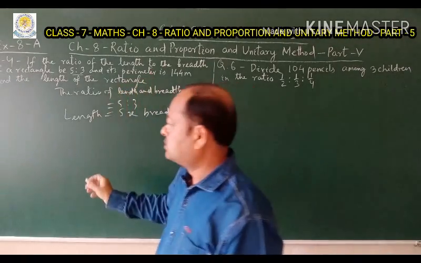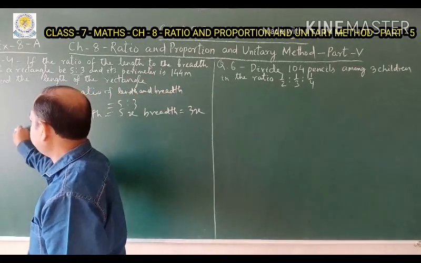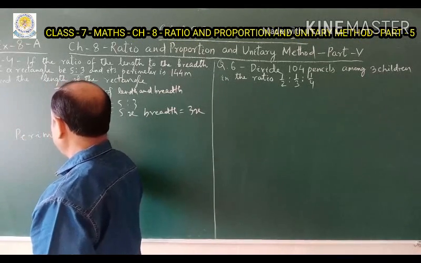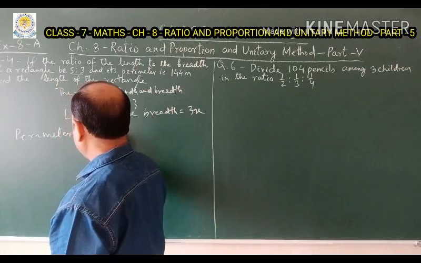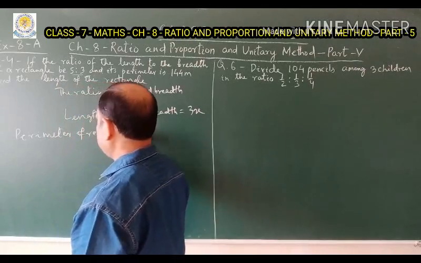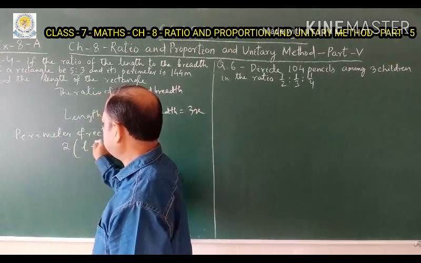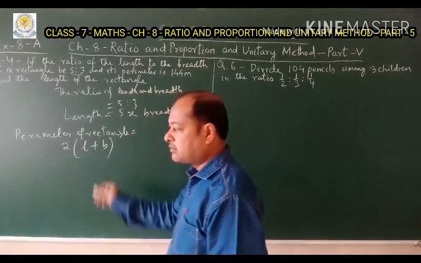Perimeter of a rectangle equal to how much? That is 2 into (length plus breadth), 2 into (L plus B).